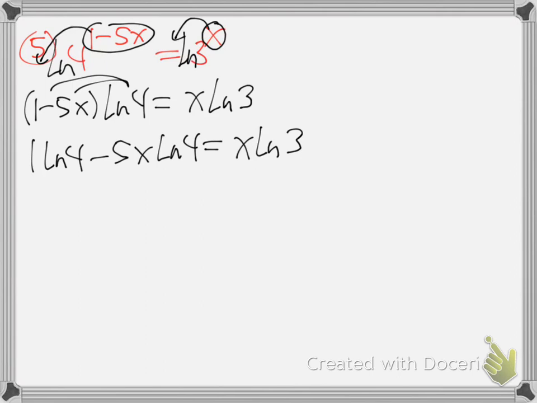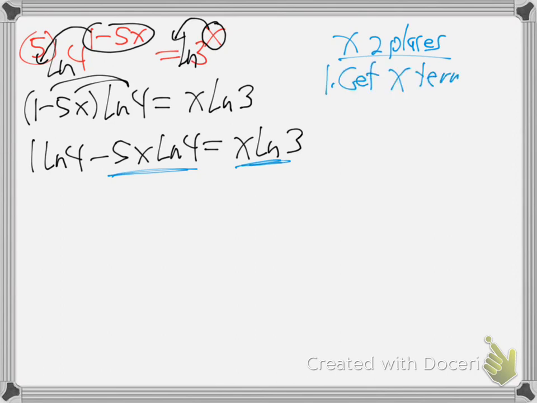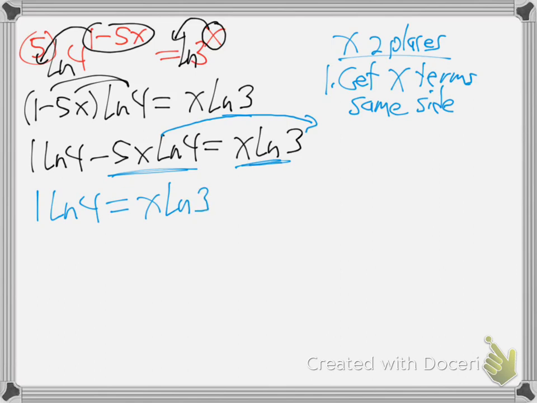Okay. Now, how do we solve this? We have x in two places. Number one, get the x terms on the same side. So I'll jump this one over here. So this will be 1 ln 4 equals x ln 3 plus 5x ln 4.